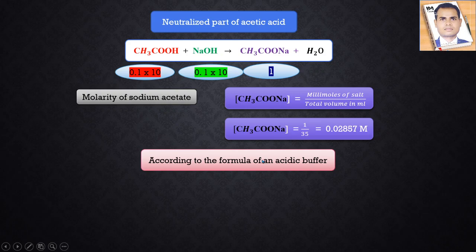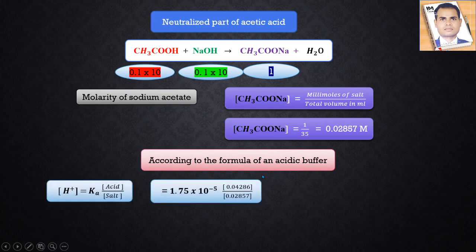And according to the formula of an acidic buffer, you will take the same formula: the concentration of hydrogen ions equals Ka times the concentration of acid divided by the concentration of salt. So you will take the same value again, the constant value for acetic acid, 1.75 into 10 raised to minus 5, and the concentration of acid we have already calculated.